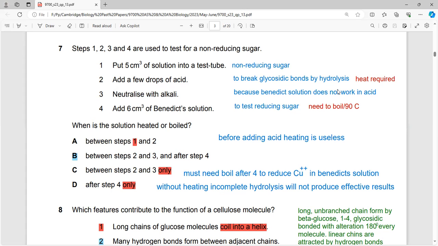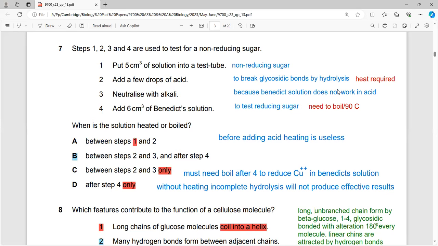Next, neutralize this with the alkali. The next step is we need to neutralize the acid. Why? Because Benedict solution cannot work in the presence of acid. So we need to neutralize it completely by using sodium hydroxide alkali.